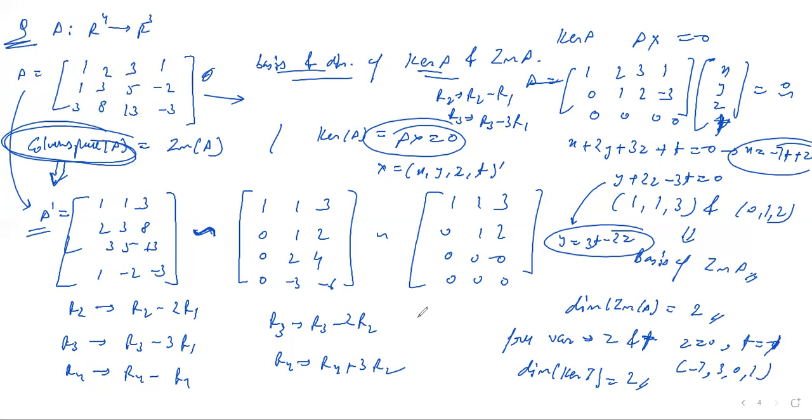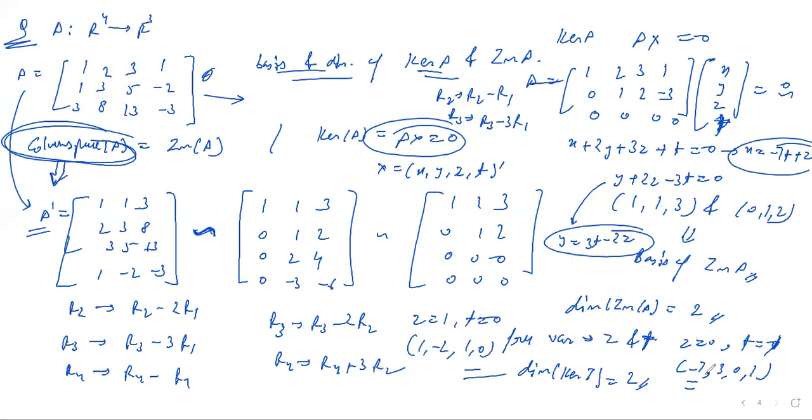And if we put z equals 1 and t equals 0, then our second vector would have x equal to 1, y equal to minus 2, z equal to 1, and t equal to 0. So that's how we can find the basis and dimension of the kernel of A and the image of A.